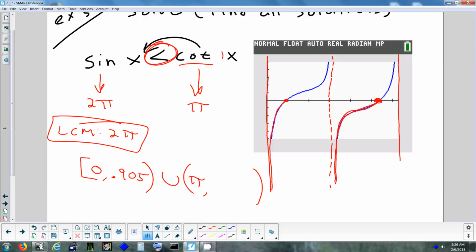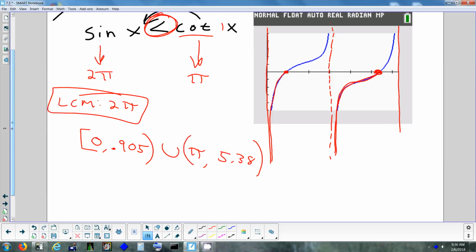Does anyone have what the second intersection is? Yeah? 5.38. Okay. So, that's in the first cycle, those are the intervals where you're less than 0. These answers are going to repeat again in the next cycle. So on each interval, just put plus 2 pi n.